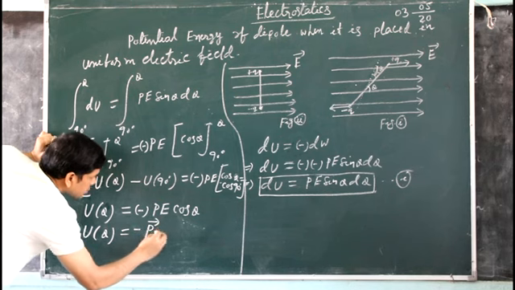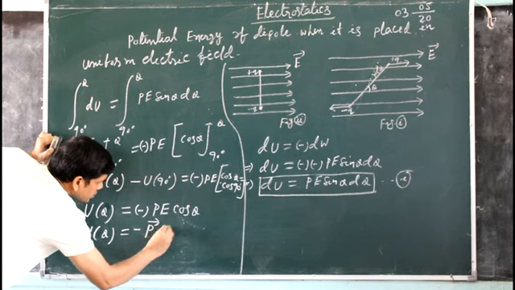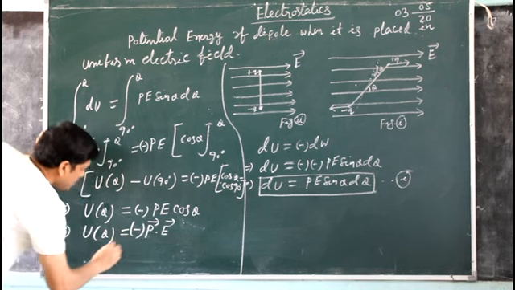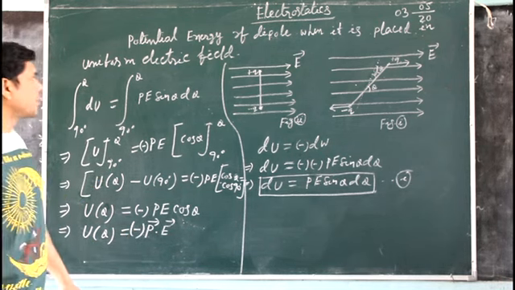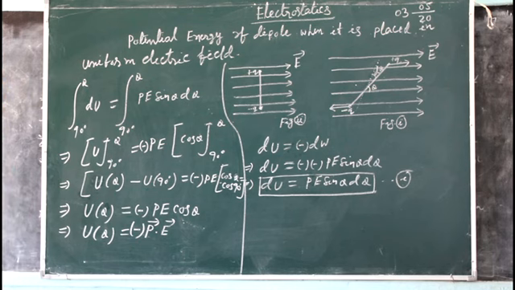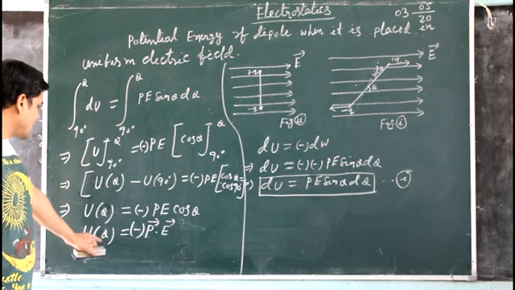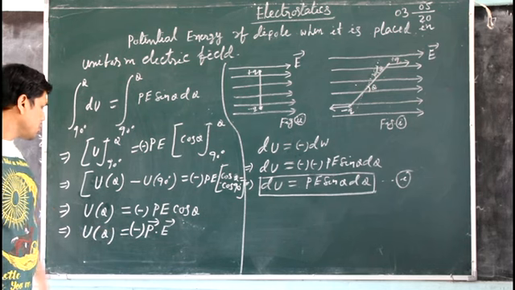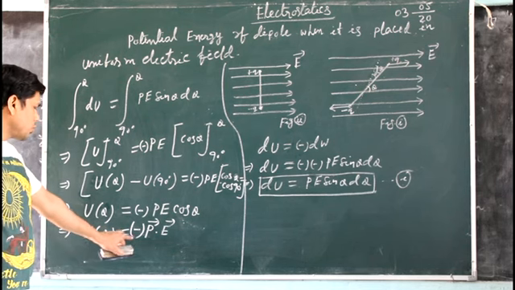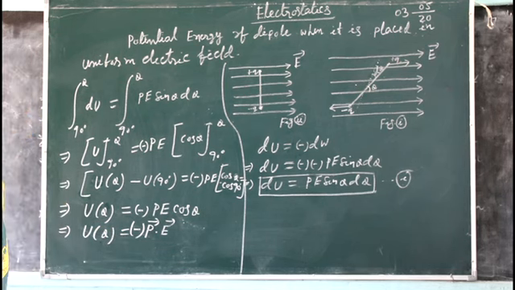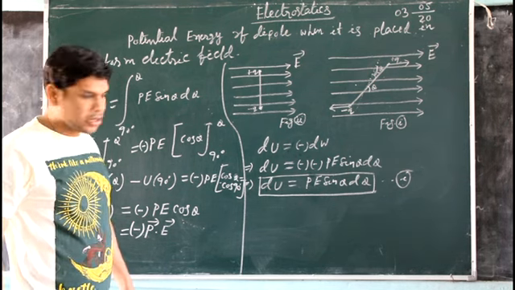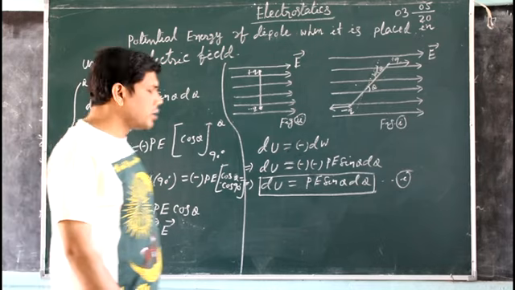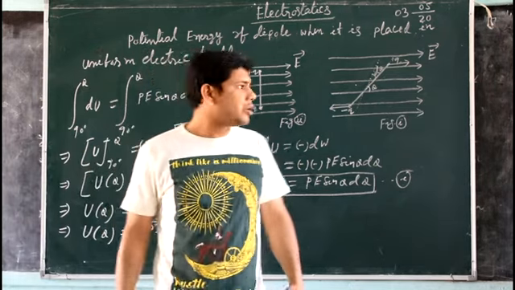We can write this equation like this. This is the expression of potential energy of a dipole placed inside a uniform electric field at any angle: U theta equals minus of vector P dot vector E. It means the negative of the dot product between the dipole moment and the uniform electric field.